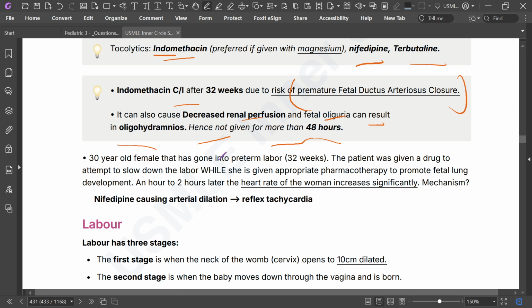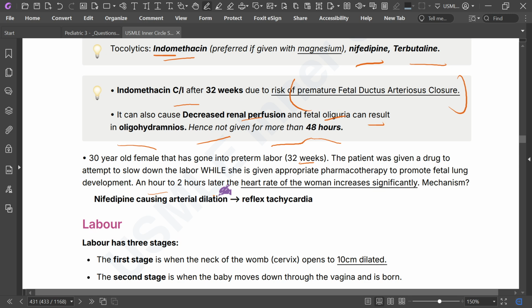A 30-year-old female has gone into preterm labor at 32 weeks. The patient is given a drug to attempt to slow down her labor. She is given appropriate pharmacotherapy to promote lung development, so steroid is given, and tocolytics maybe.